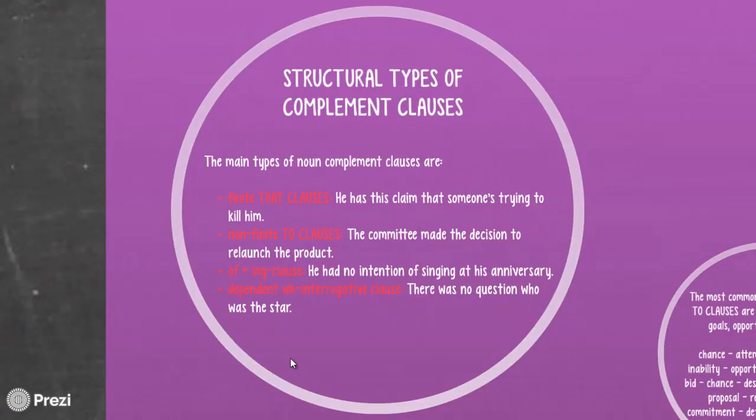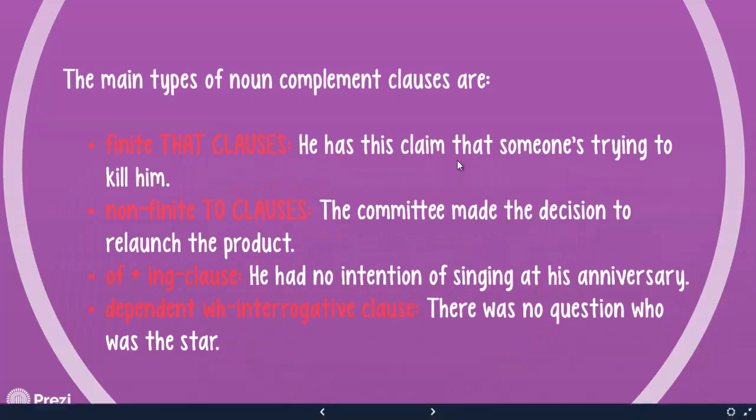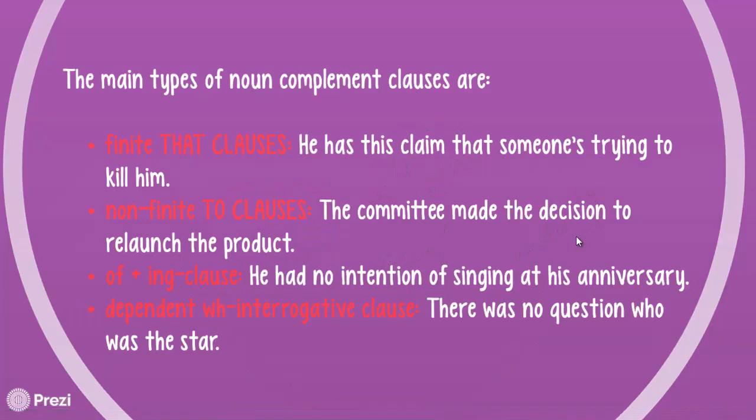In the first example, we can see how the that complement clause gives us the content of our head noun, which is claim. In the second example, our head noun is the word decision, and what follows in the to infinitive clause gives us the content of the head noun, which is decision.